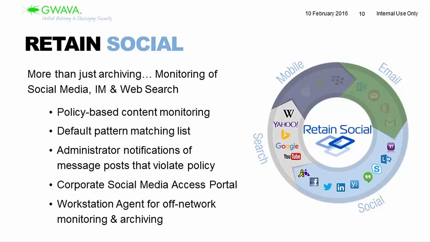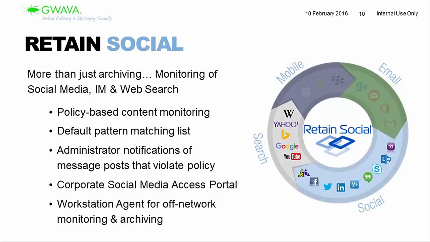Let me go back to a couple of other things that Retain Social has to kind of touch on what we were talking about. When a policy violating post is put out there, an administrator is notified of that, so you can have that oversight.